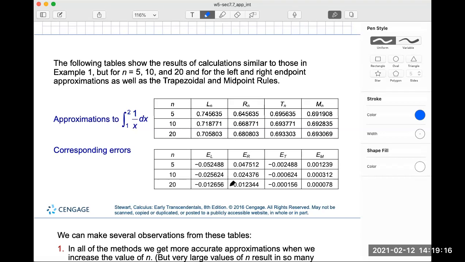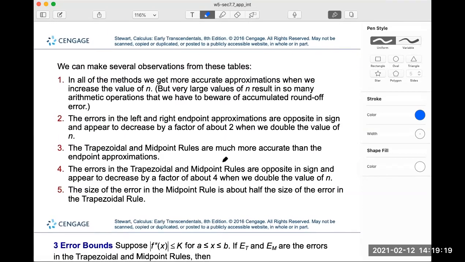And tomorrow we will continue with this. Here are some properties. Let us take a look at this together. It will be more accurate when we increase the number of points, right? And the errors of the left and right endpoint approximations are opposite in sign, and appear to decrease by a factor of about 2.